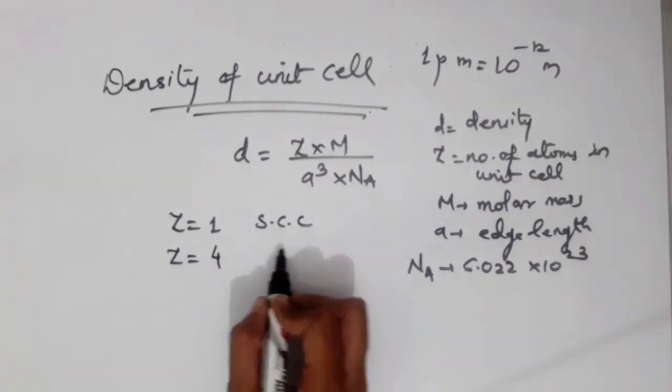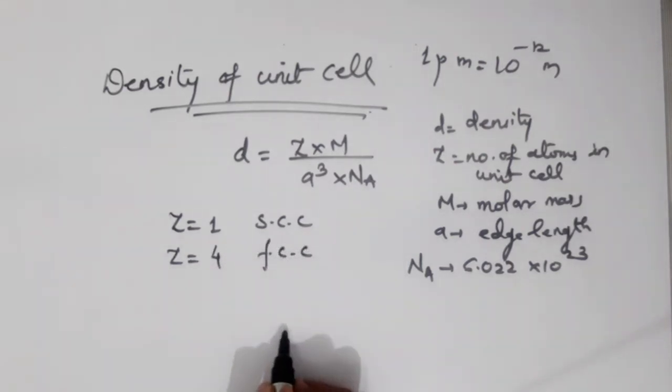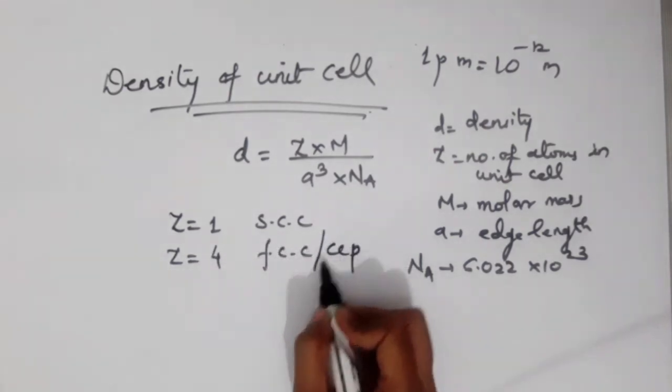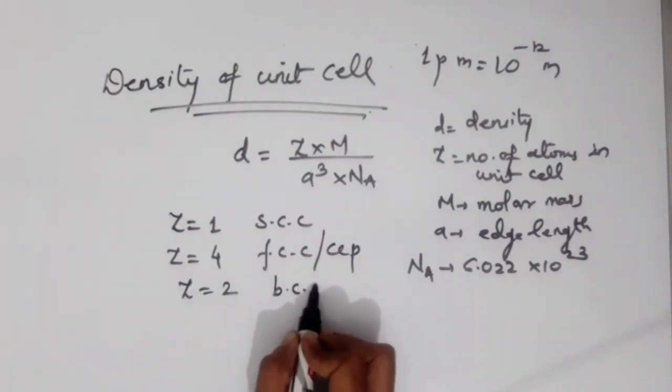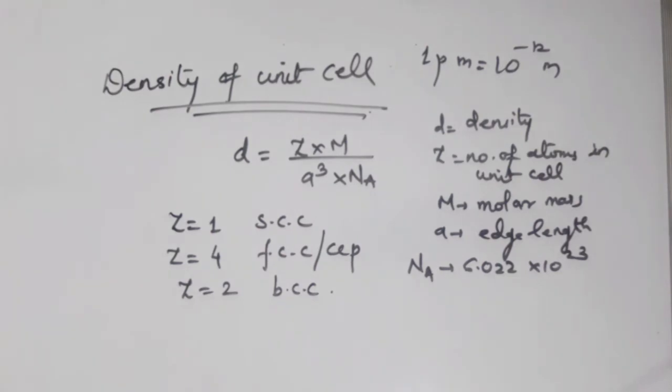For 4, you have face centered cubic system, also known as CCP lattice, and for Z equal to 2, you will have BCC, body centered cubic lattice.